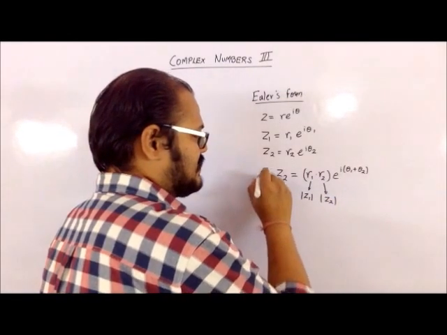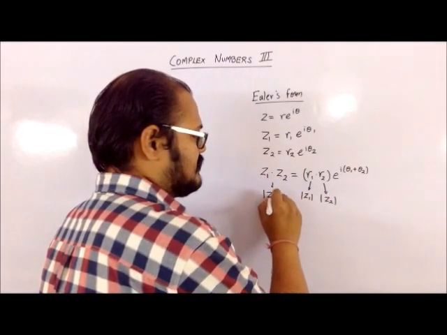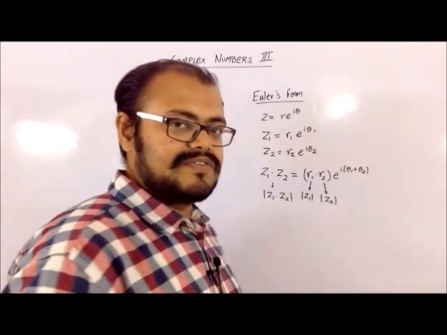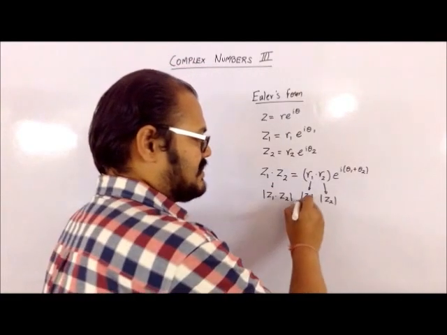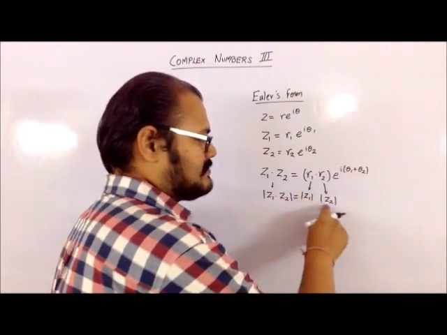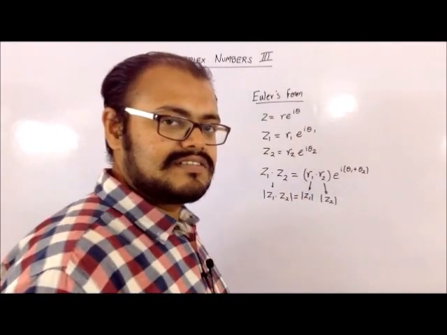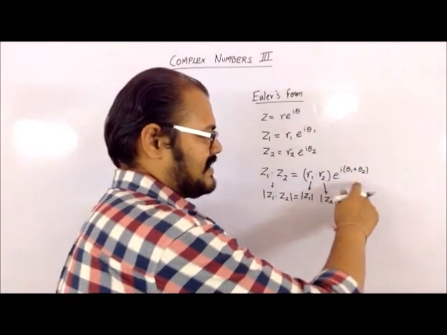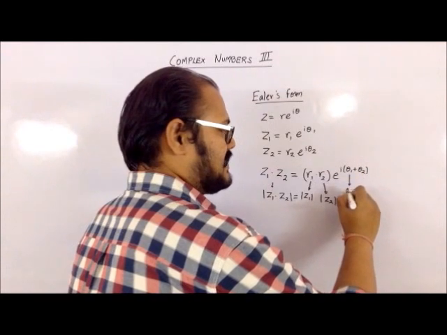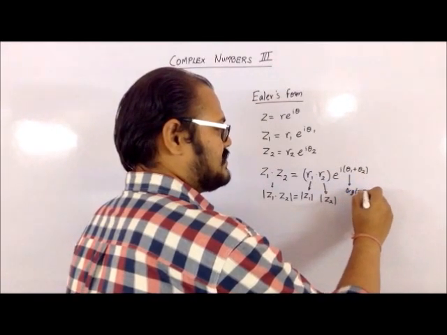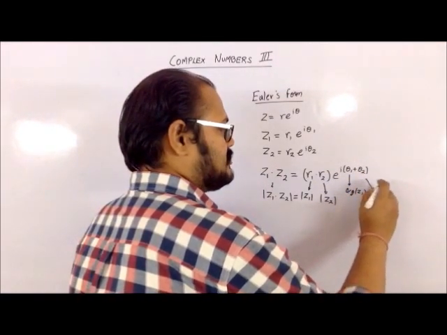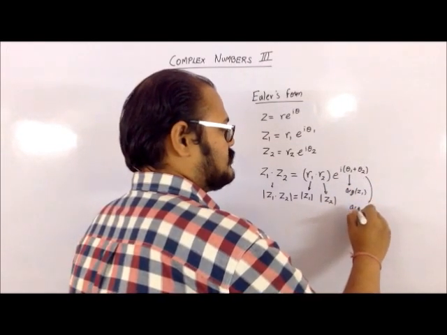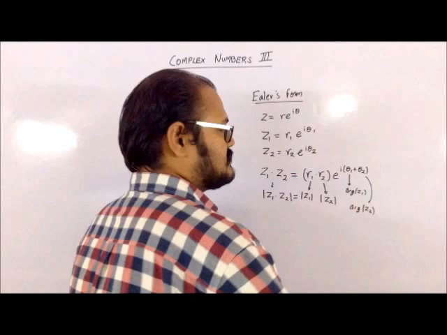So that is why if I want to find the modulus of the product of Z1 and Z2, that will be the product of their moduli. Same way, if I want to find the arguments, now theta 1 and theta 2 are the arguments of Z1 and Z2.